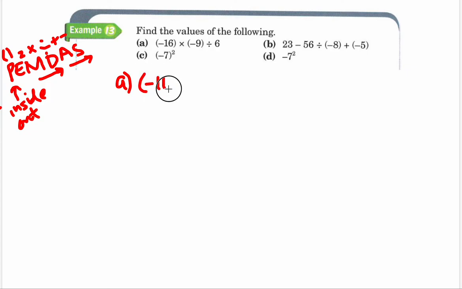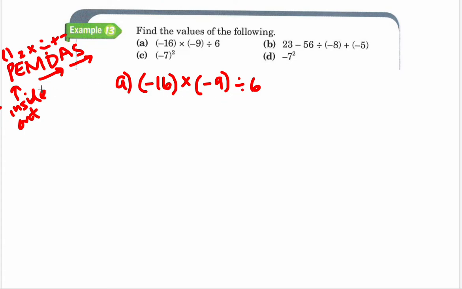I'm going to rewrite it down here. There's negative 16. It's in parentheses. There's nothing to do inside the parentheses, so it doesn't actually count as this first step. It just has parentheses to kind of protect this negative and make sure that the negative stays with the 16. So you'll notice that when there's a negative number, a negative integer, you'll see parentheses around it.